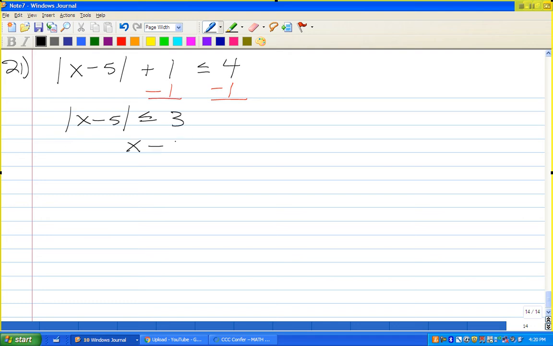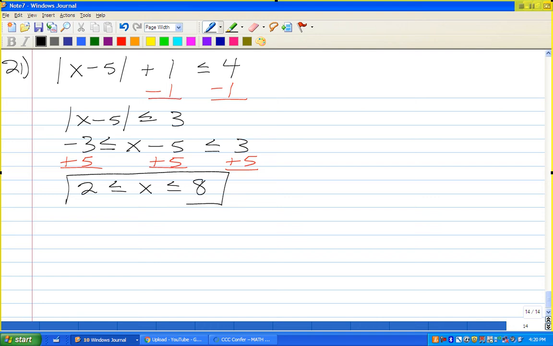Therefore, x minus 5 is between positive 3 and negative 3. Let me add 5 to each side of my inequality in order to isolate x, solve for x in the middle. 5 minus 3, 2. 5 plus 3, 8. So x is between 2 and 8.